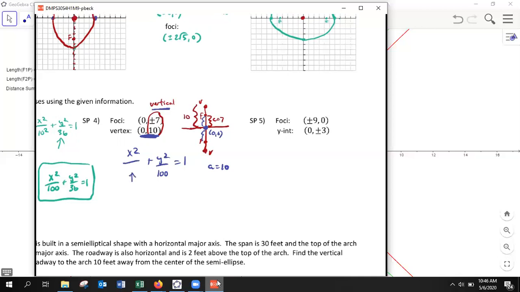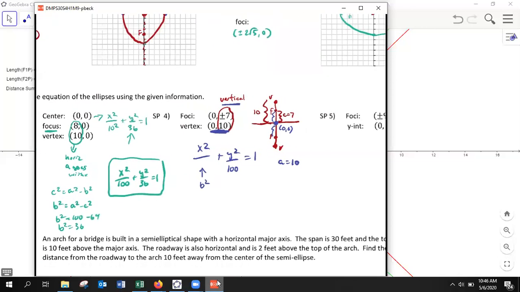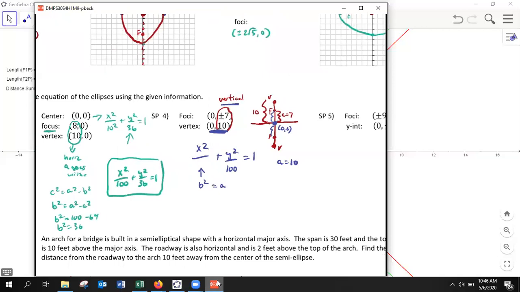And I don't know what my b squared is, but if you remember what we did on the previous problem, b squared is a squared minus c squared. So b squared would be 100 minus 49, which gives me 51. So the equation of this ellipse is x squared over 51 plus y squared over 100 equals 1.